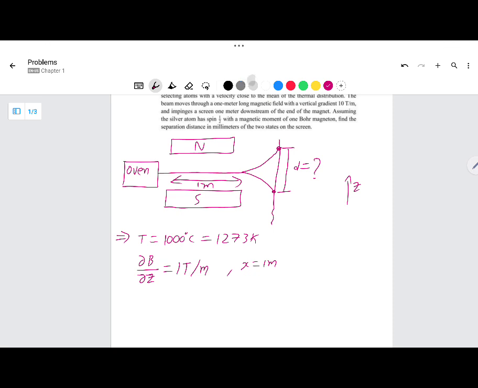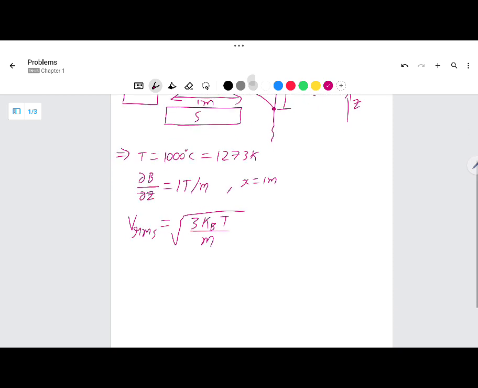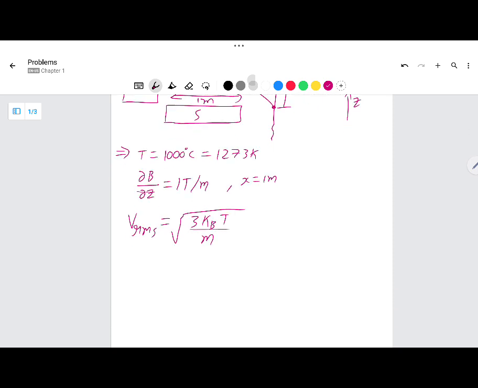And we know the speed, velocity v rms, which is given by this, the square root of 3kT by m. Okay, so these are the details that we know. So what is the first thing that we should find?